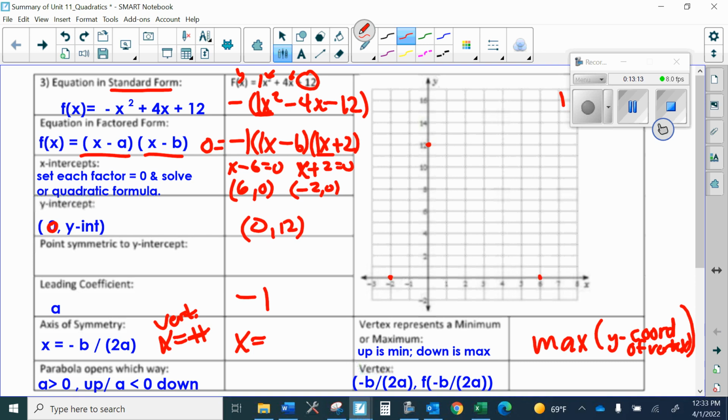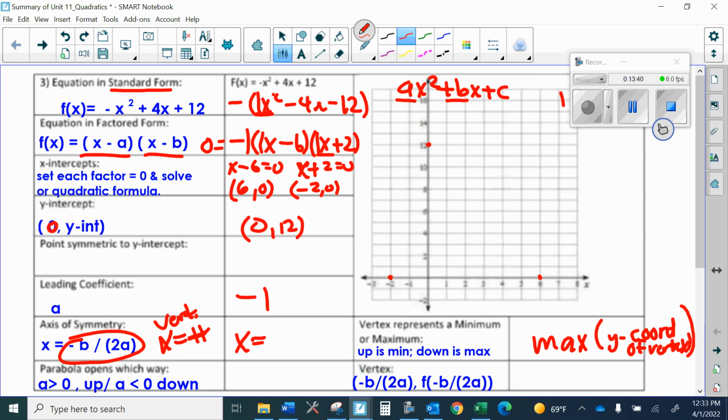And how am I going to get that number? I'm going to plug in negative b over 2a. Remember from our ax squared plus bx plus c, there's my b and there's my a right there. Leading coefficient is a, that's the quadratic term. The linear term's coefficient is my b. So I plug in from the original up here.